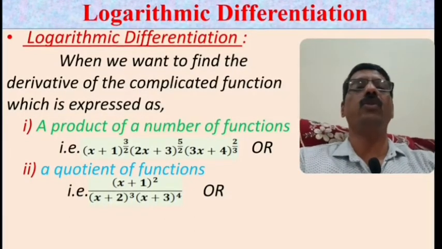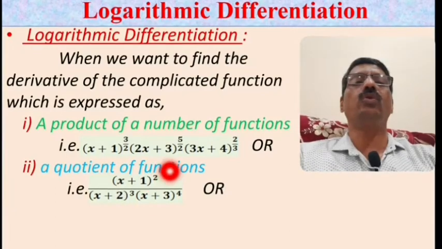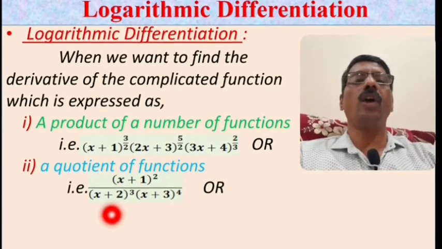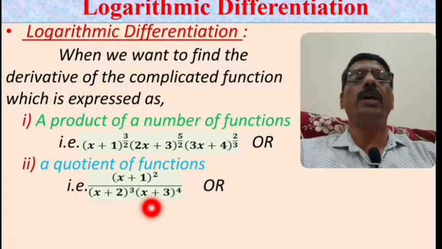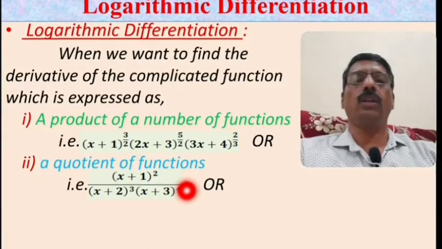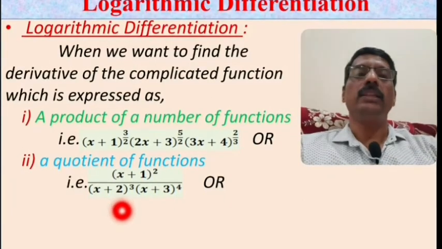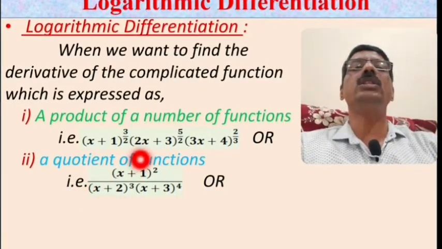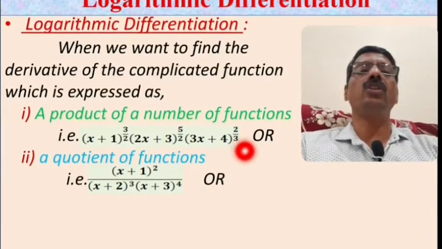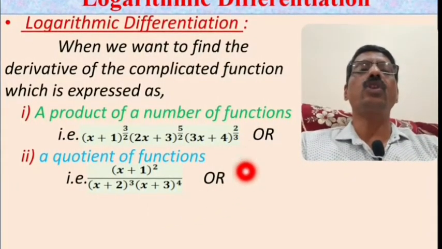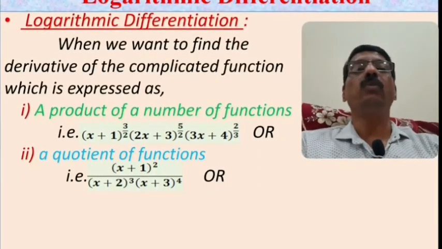For example, in the numerator (x plus 1) raised to 2, and in the denominator (x plus 2) raised to 3 into (x plus 3) raised to 4. Again the denominator is in product form. In that case also we have to use logarithmic differentiation, because you cannot find the derivative of that type of function with only our basic formulas.